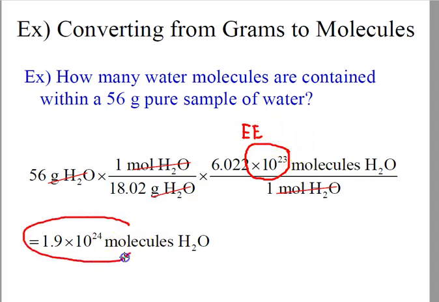And this should be written on your calculator as 1.9 and then a 24 as the exponent, which you have to translate into 1.9 times 10 to the 24th. So make sure you can do scientific notation in your calculator. That's kind of a key skill, and you'll be way off track without it. So let me know if you need help with that.